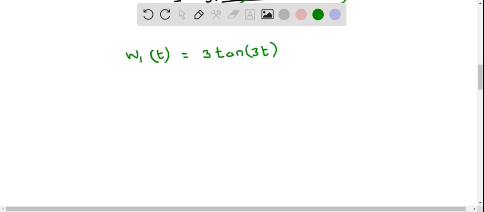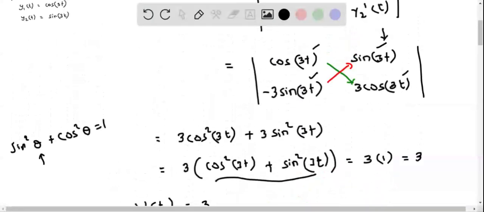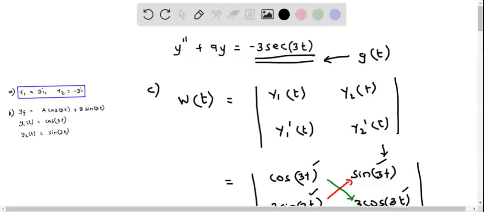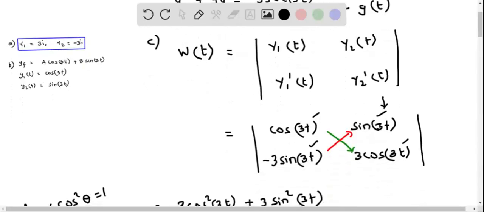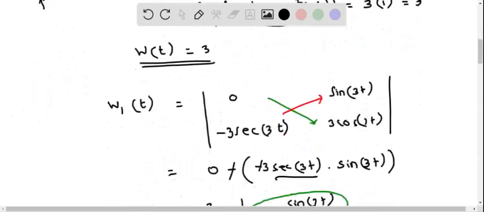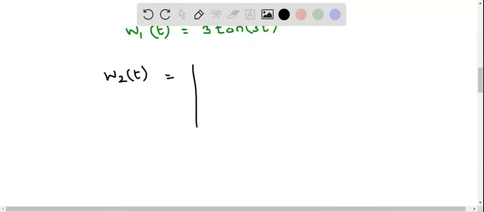Now let's determine W2 of t. This is Wronskian 2, and this is also a 2 by 2 determinant. We put the first column as it is, as we wrote in the W of t: cosine 3t, negative sine 3t, 3 sine 3t.